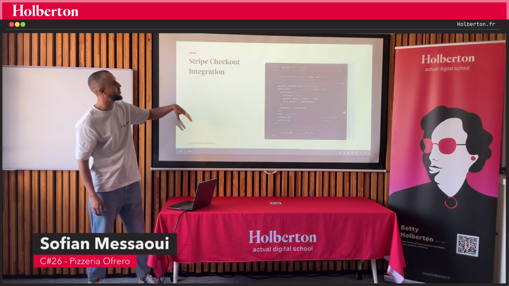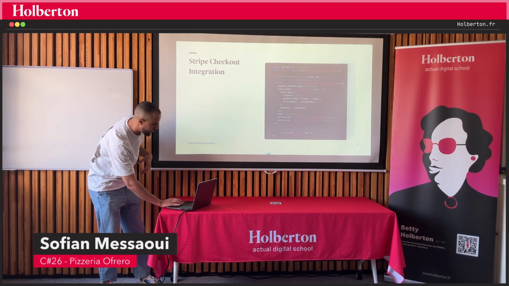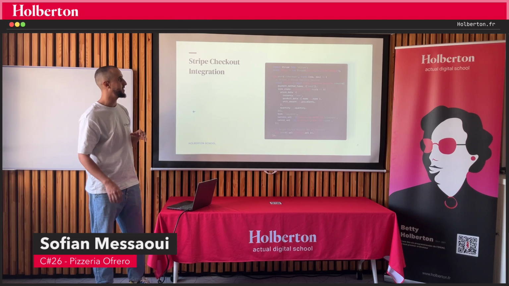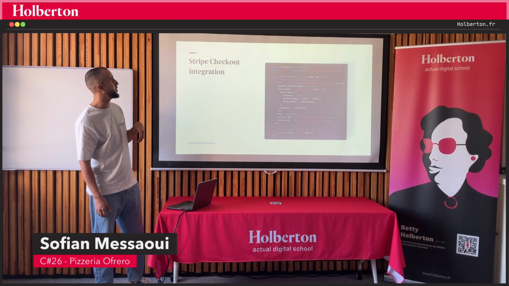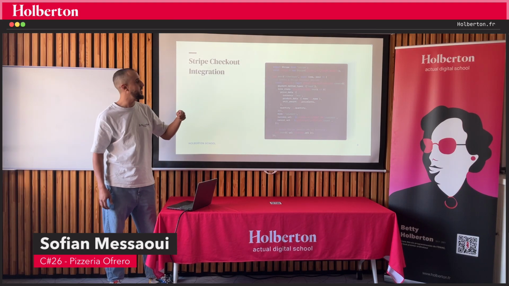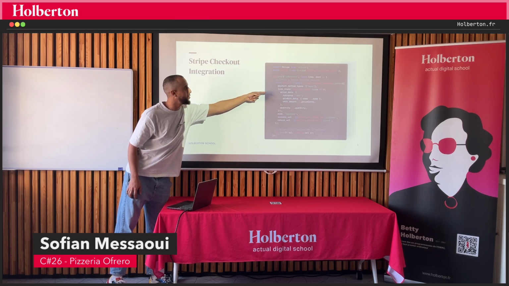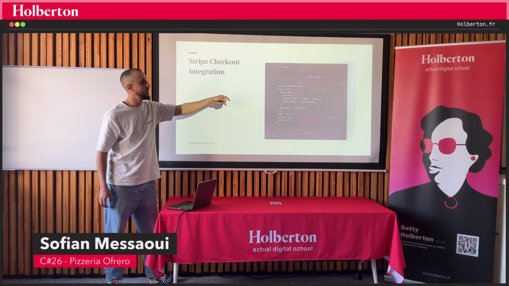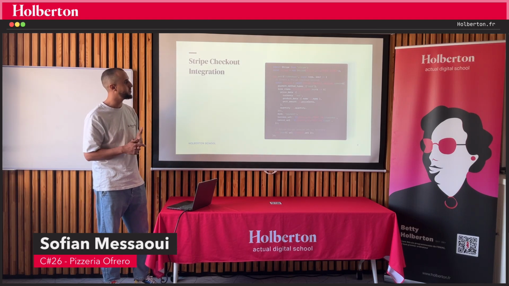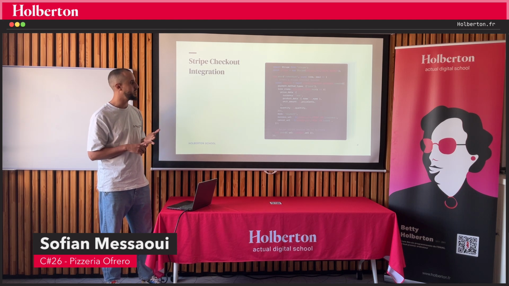So this is the code snippet. I am very proud because it was very difficult for me to manage an external API, because I never did that before. So you have the Stripe checkout integration. What you have to know is that when the client clicks on pay, the API returns the products in the cart as line items with the price data, currency, like euro for example, and in my case product data, name, unit amount, and quantity.